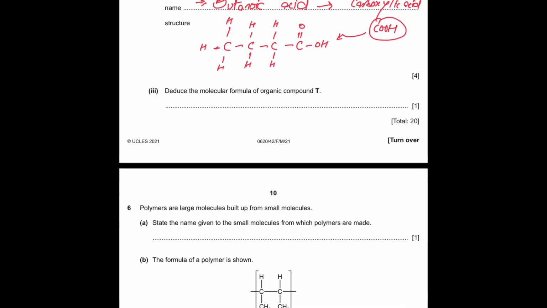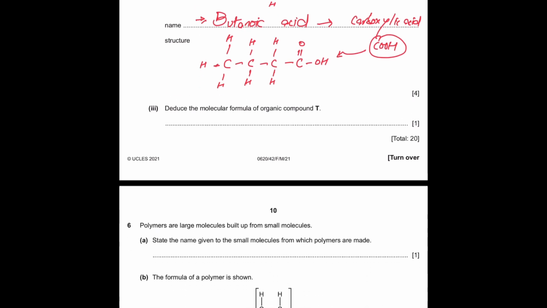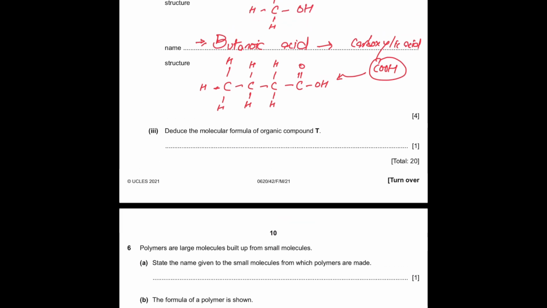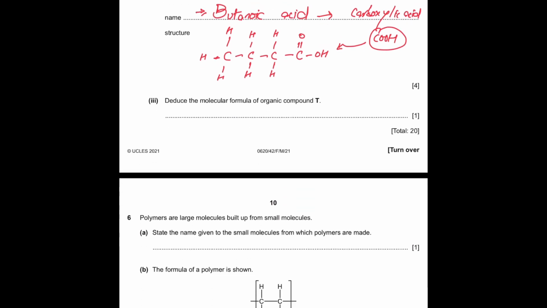In the next part, deduce the molecular formula. Molecular formula shows the actual number of carbon, hydrogen and oxygen atoms that any compound contains. Compound T is methyl butanoate. So we have to combine methyl and butanoate, and I'm going to draw the structure of this compound.